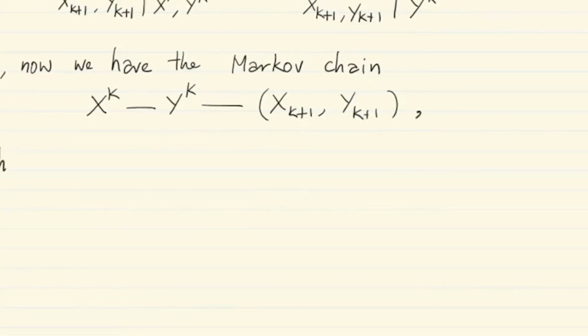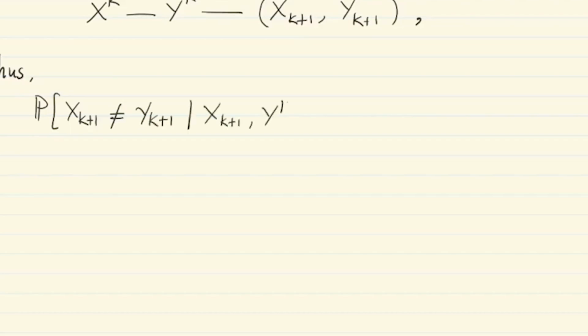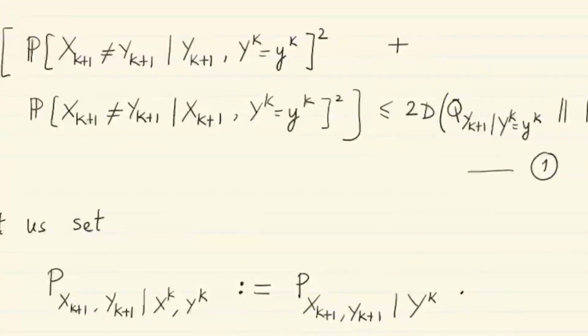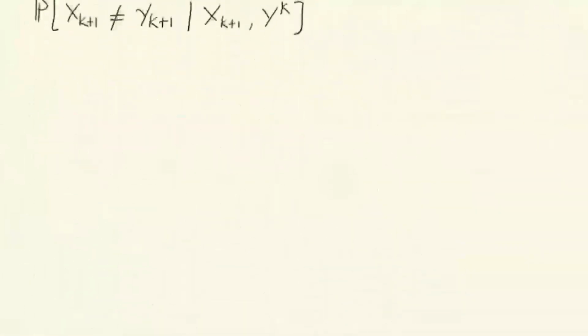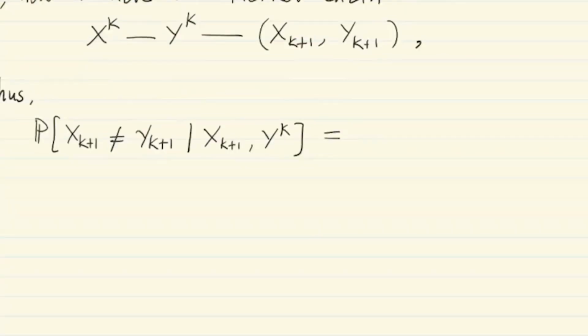and thus as a consequence of this, we can write that the probability xk plus 1 not equal to yk plus 1 given xk plus 1 and yk. So recall that this is just this term here. Okay, this term is being analyzed. Conditioning is on xk plus 1 and the background conditioning on yk. This is just equal to, so recall what happens here.